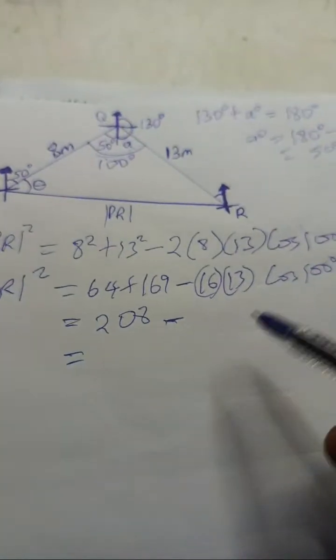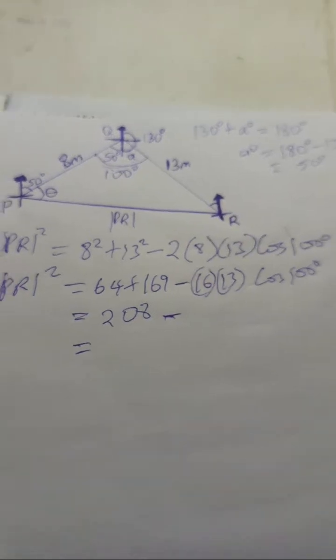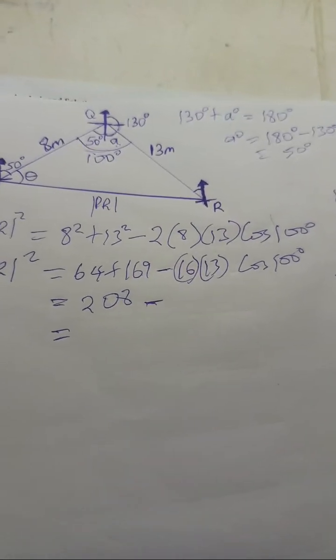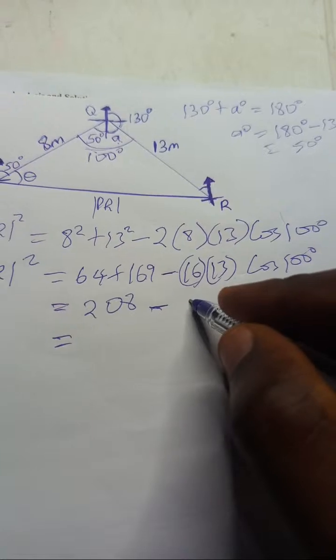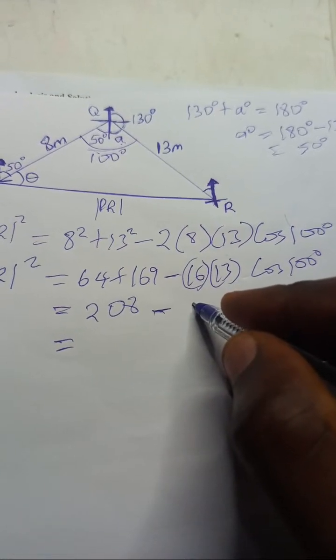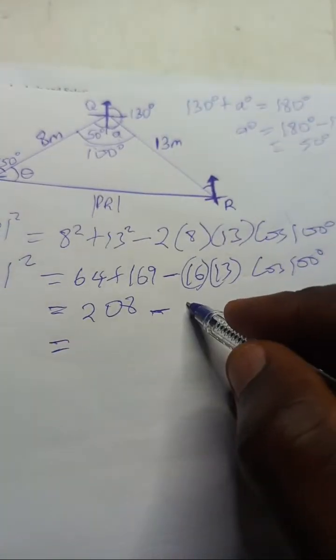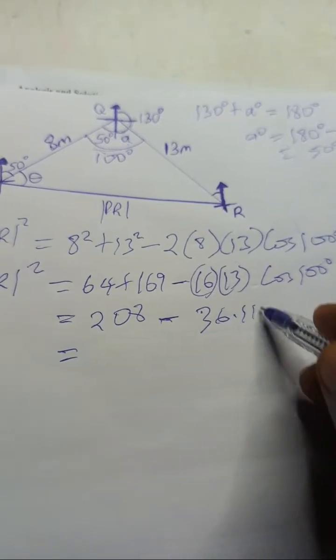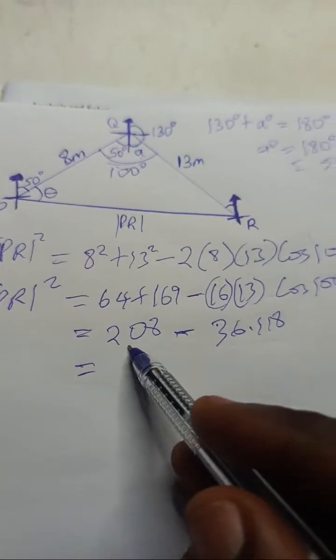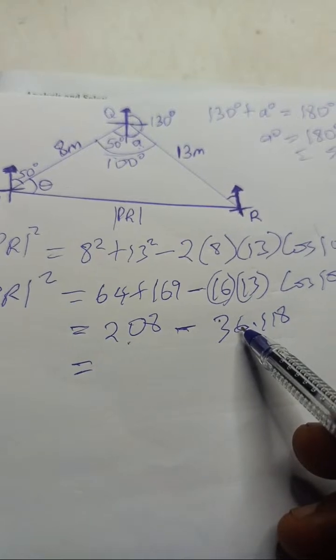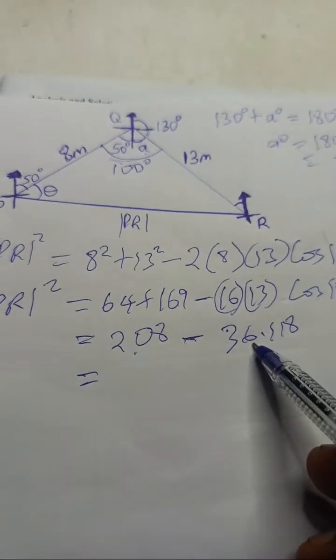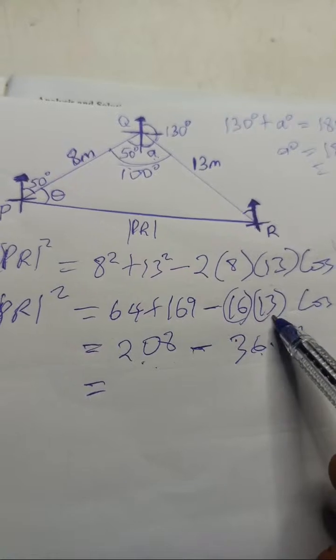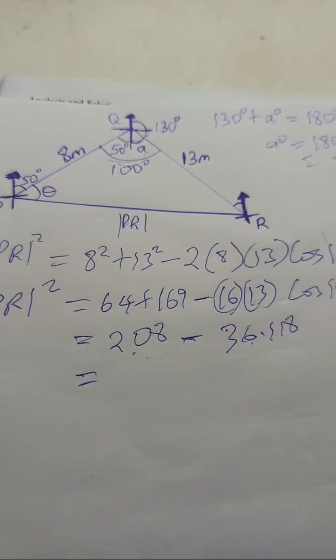I'm expecting the comment section. Somebody got 36.118. So it means we now have 208 minus 36.118. 16 times 13, is it giving us 208?